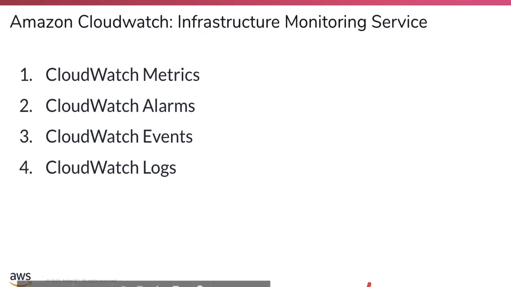Alarms are basically for when there is any variation in the metrics, or if you want to track our metrics and be notified, then we could use an alarm.